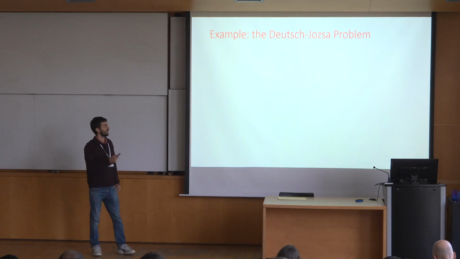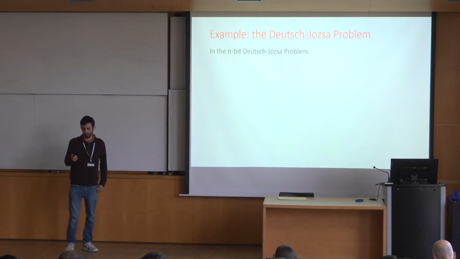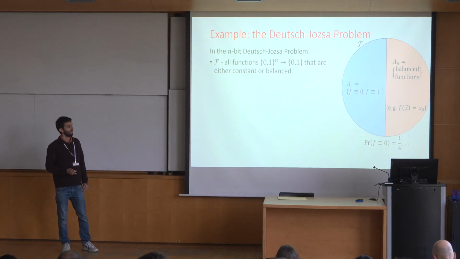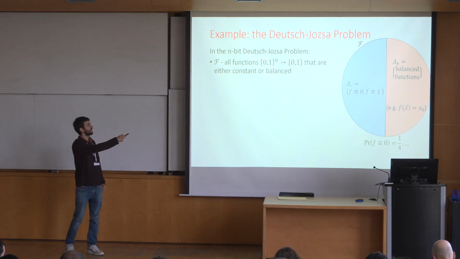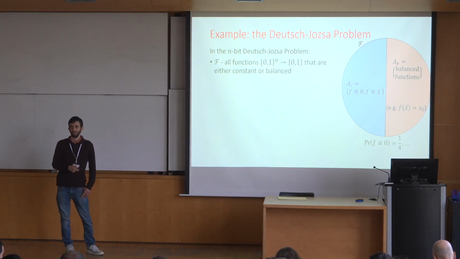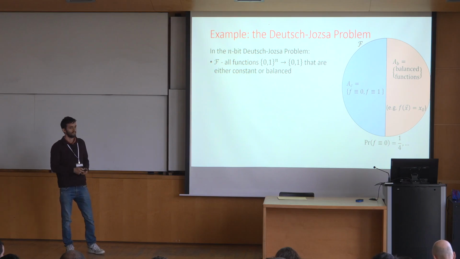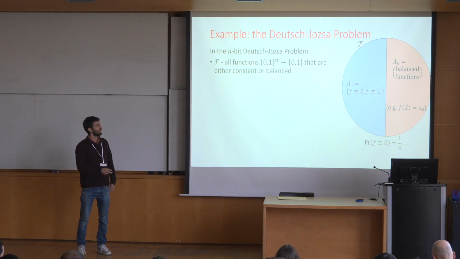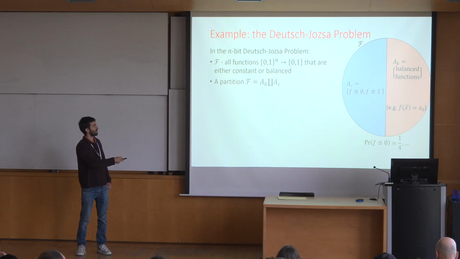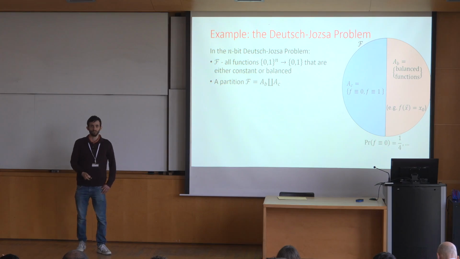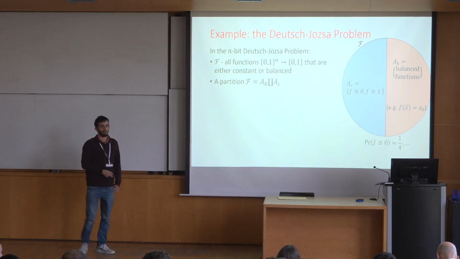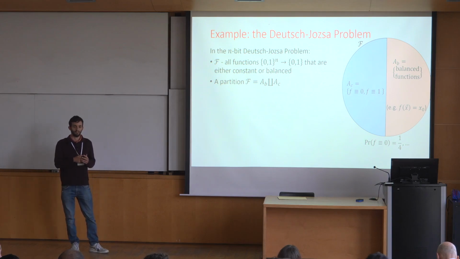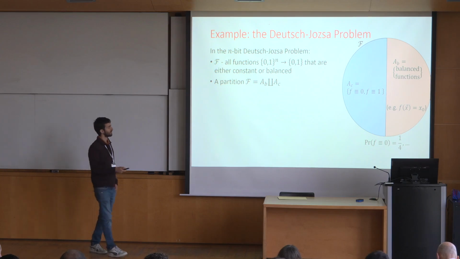So for example, Deutsch-Jozsa is a very well-known example. Here we're promised that the function f takes as input n bits and outputs 1 bit, and it's either constant or balanced. So here the two classes are A_C and A_B. A_C are the two constant functions, always 0, always 1, and A_B are the balanced functions, where balanced means that the function outputs 0 for exactly 1/2 of its possible inputs.